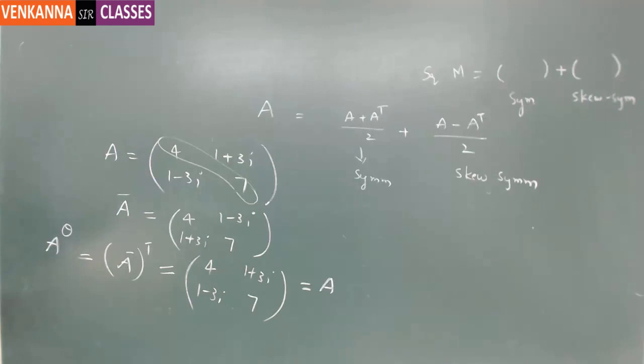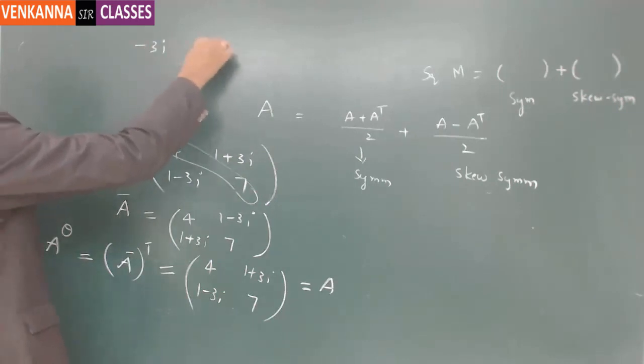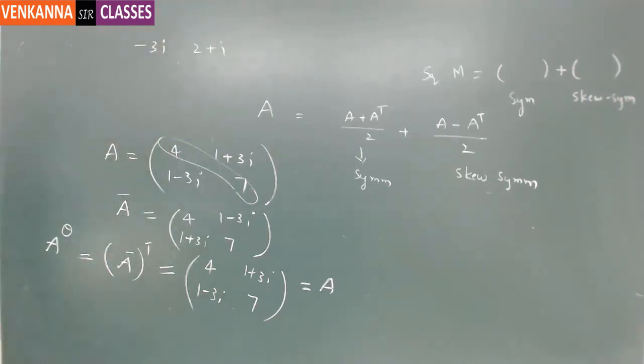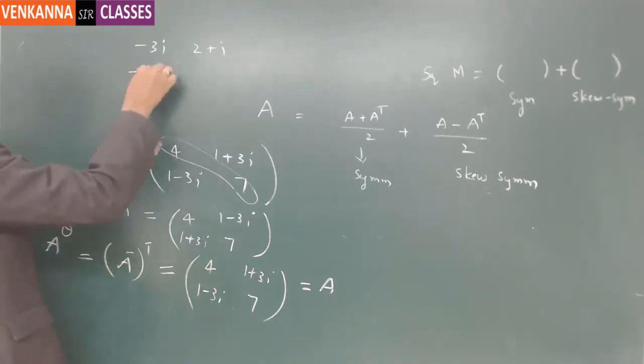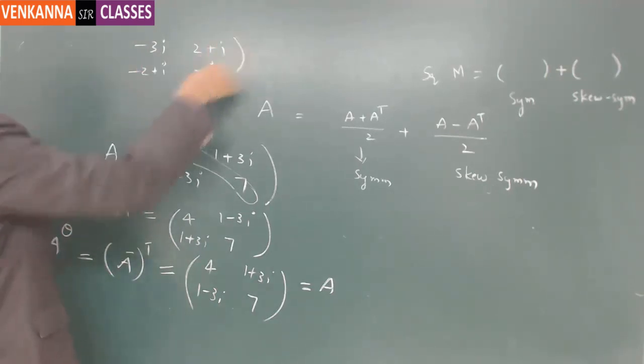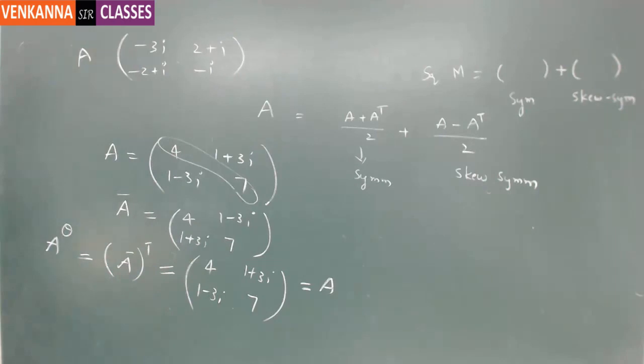If you take a skew Hermitian matrix, take the example as minus 3i, 2 plus i, minus 2 plus i, and minus i. Say this is A. And you can observe that A power theta is equal to minus A. You can check for that. It is a skew Hermitian matrix.